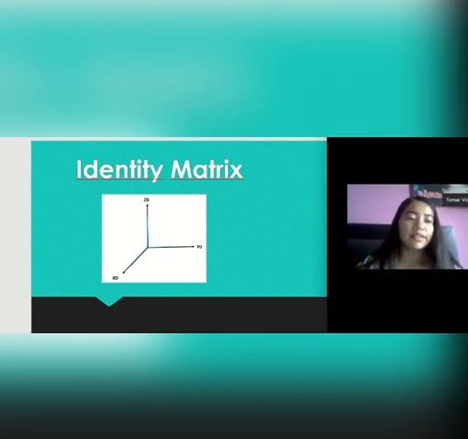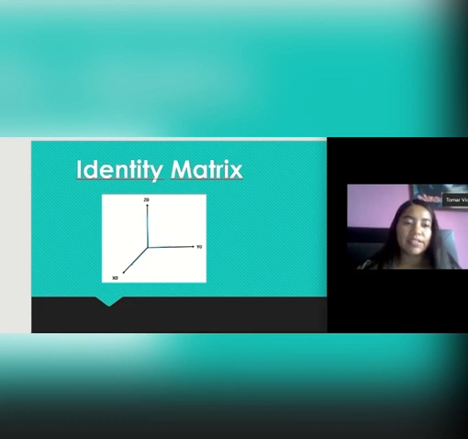And the identity matrix. The identity matrix, or unit matrix, is a square matrix where all its elements are zeros except the elements of the main diagonal, because there they are ones.